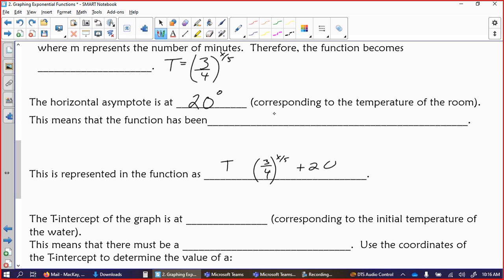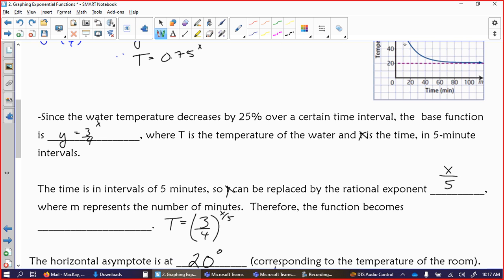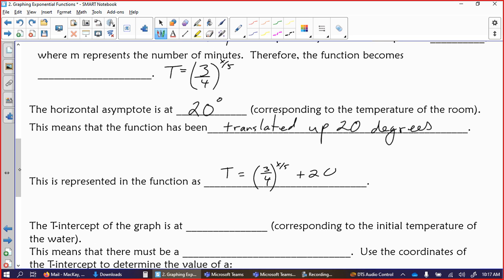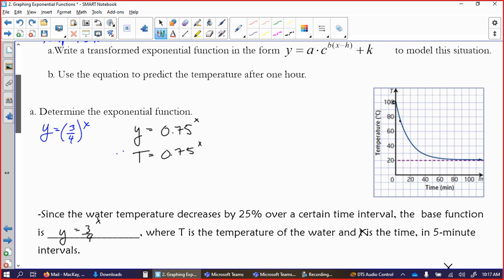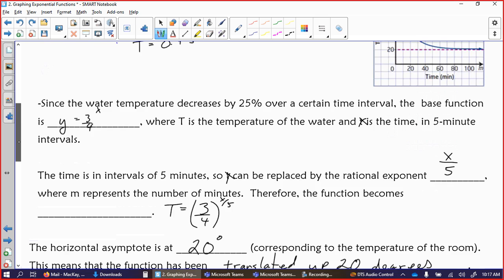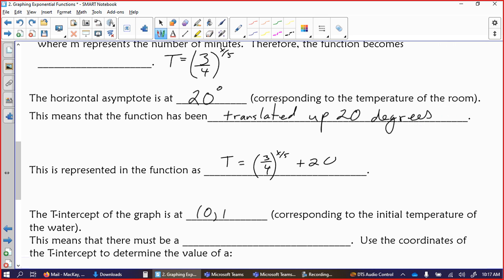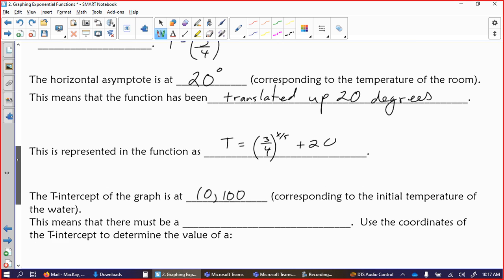Somehow the equal sign got lost. So now we have effectively the asymptote. We know our kind of time. The t-intercept is way up here. It's the point (0, 100). So that gives us some information.